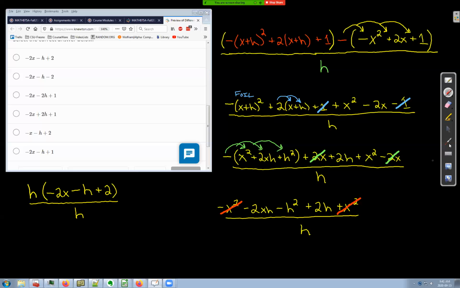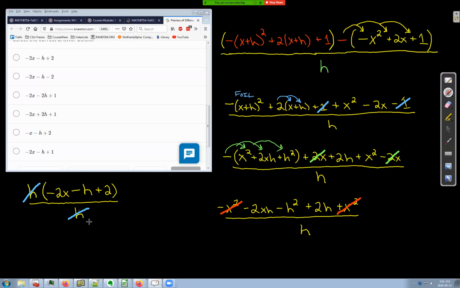What I did in that step was factor the h out of the numerator. And now I think we're done, finally, because you have a factor of h in the numerator that can cancel with the factor of h in the denominator.